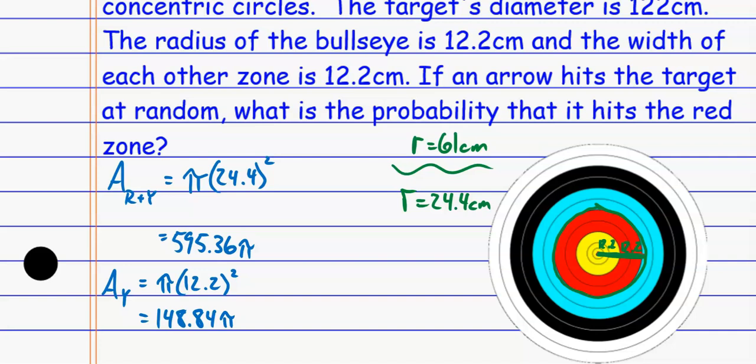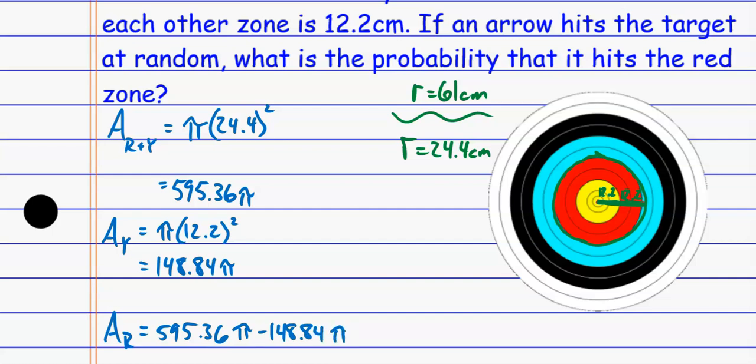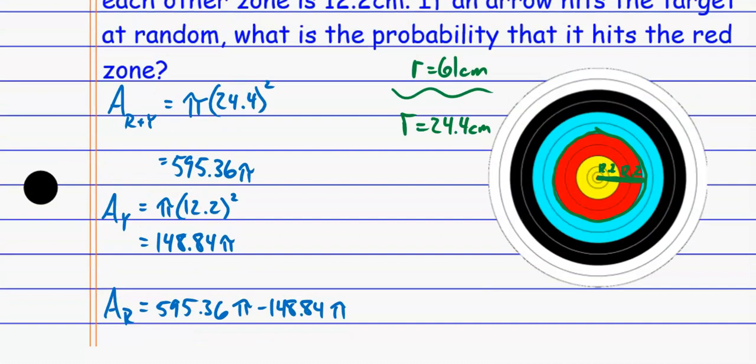Now to find the area of the red section all by itself, I just subtract those two things: 595.36 pi minus 148.84 pi, because that's the area of the whole circle outlined in red minus the yellow piece, which leaves me with just the red section.